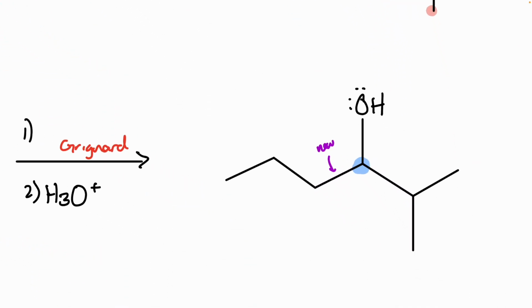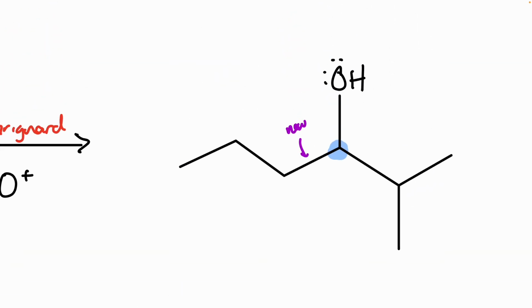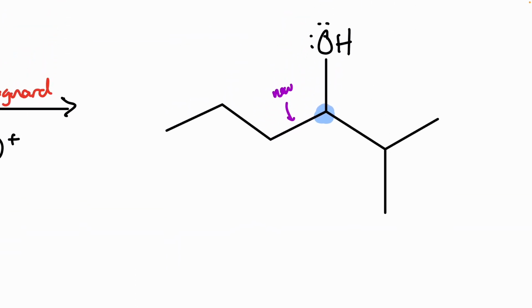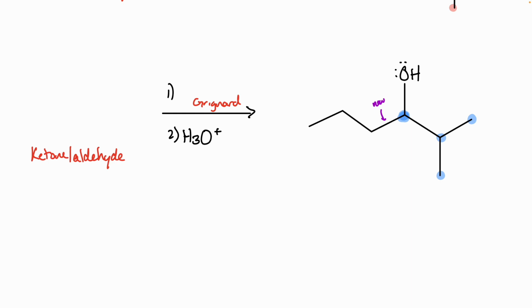Or I'm going to say, all right, this was my new bond over here. So now that makes these 1, 2, 3, 4 carbons my aldehyde. And again, the carbon that has the hydroxyl group is going to be my carbonyl carbon. So 1, 2, 3, 4.